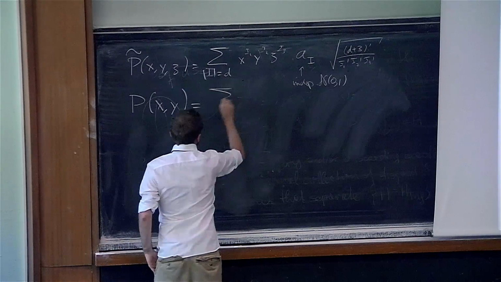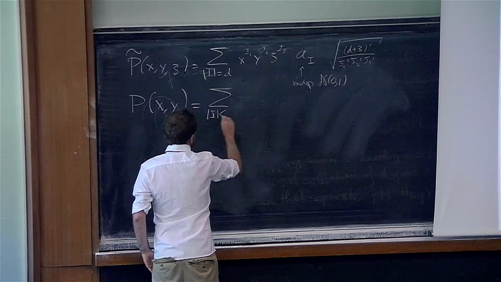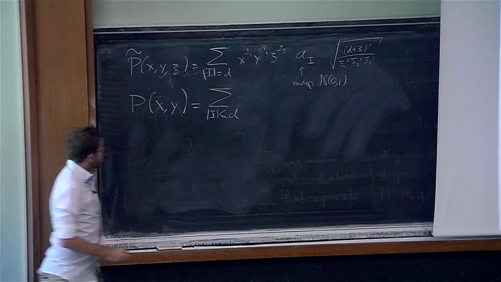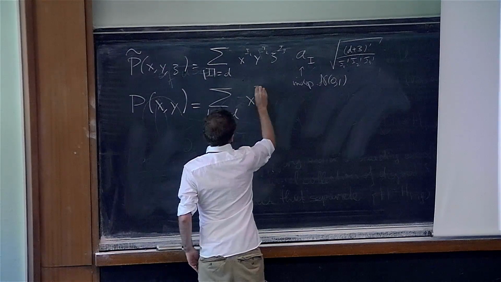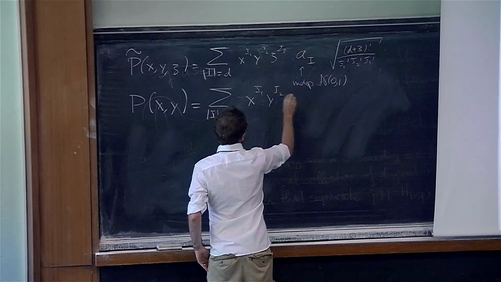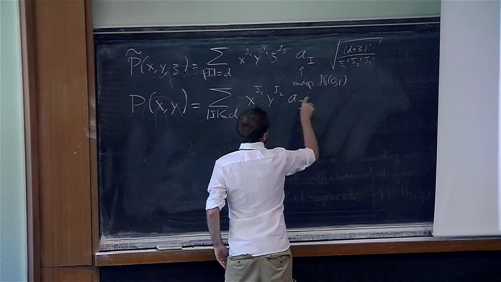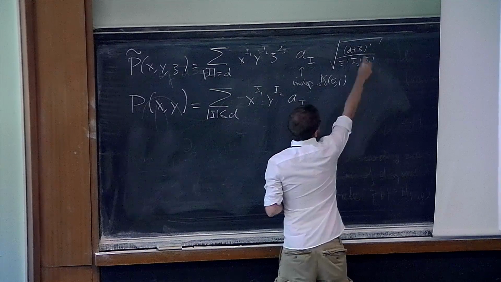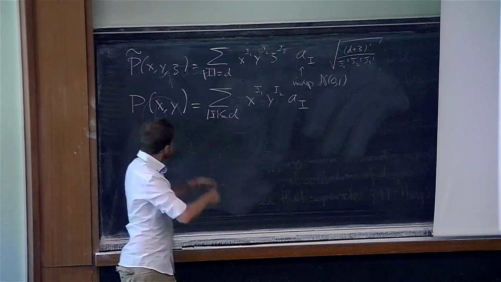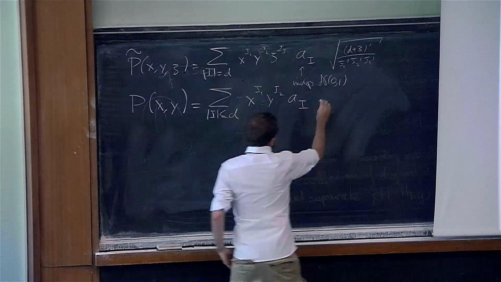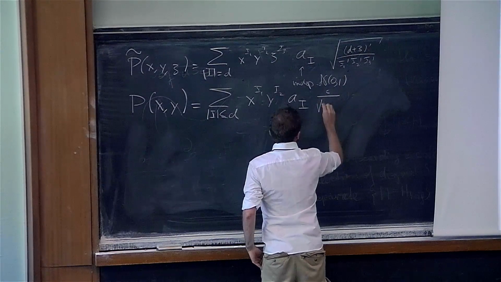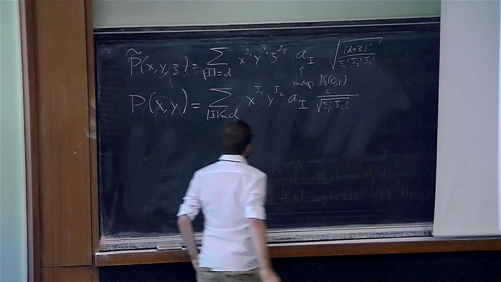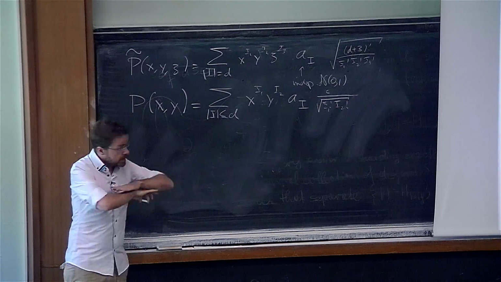It will be the sum over index sets with sum less than or equal to d, and there will be x to the I1, y to the I2, there's still some a_I which is a Gaussian. And here there's something like, so the third coefficient will come as a scaling, but essentially there's a constant divided by square root of I1 factorial, I2 factorial. So this is what you get as a field on the plane.